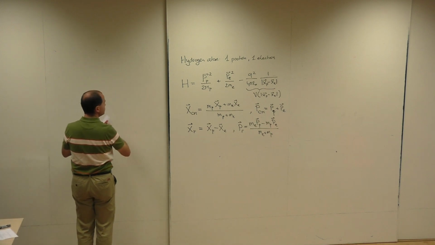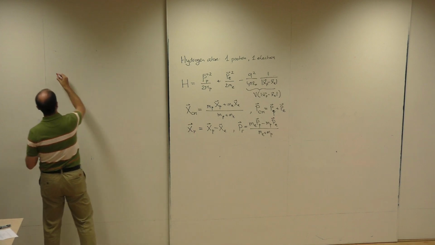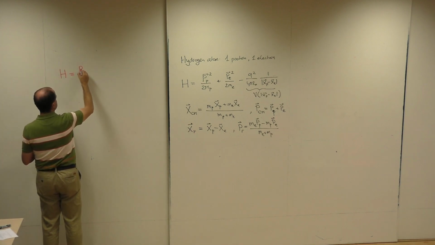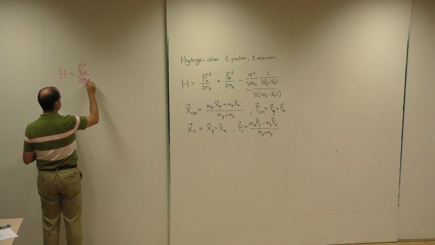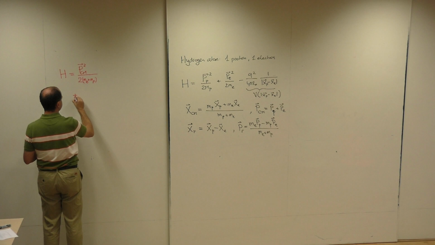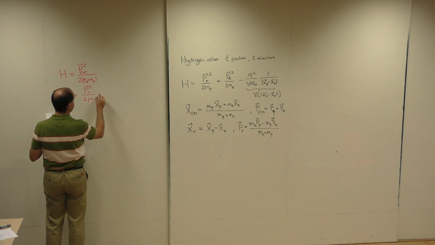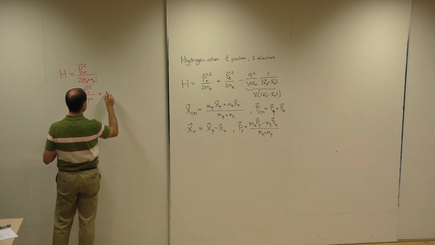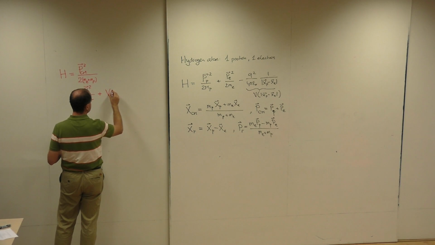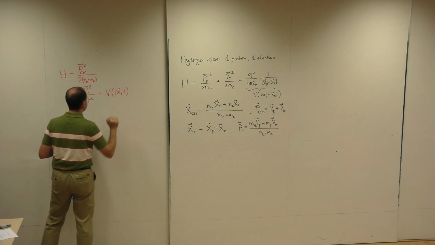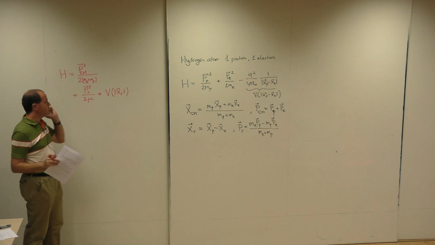I will write it here for reference. The same Hamiltonian in these variables will look like H is equal to the momentum of the center of mass squared over 2 times the total mass, plus the momentum of the relative particle squared over 2 times what is called the reduced mass, plus the potential that we had there, a function only of the length of the relative coordinate.